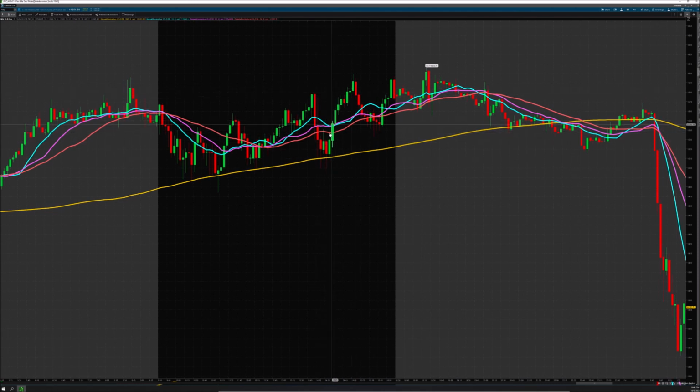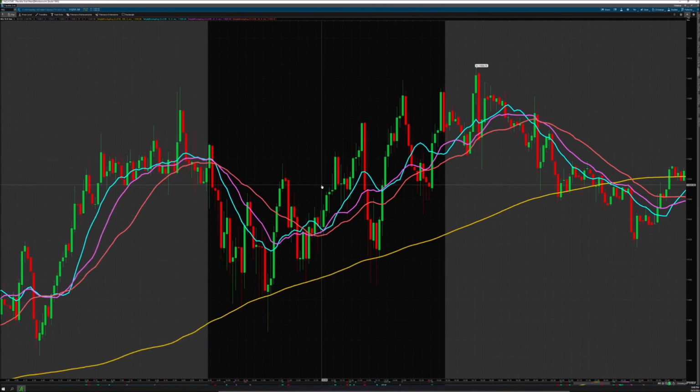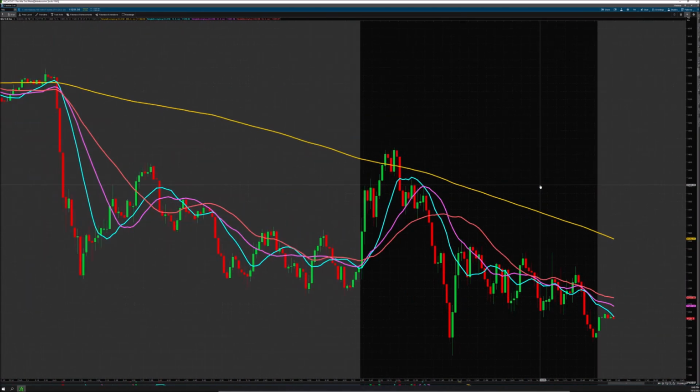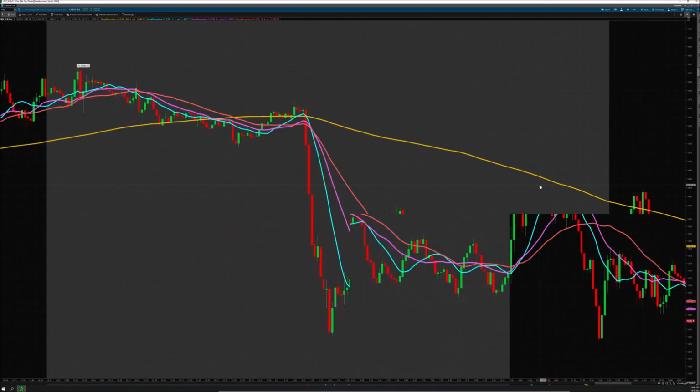It got up above the 34 here and it continued higher. Above the 21, above the 13. It just showed a decent pullback on this drop here moving forward. So that's basically using trend lines on the chart.